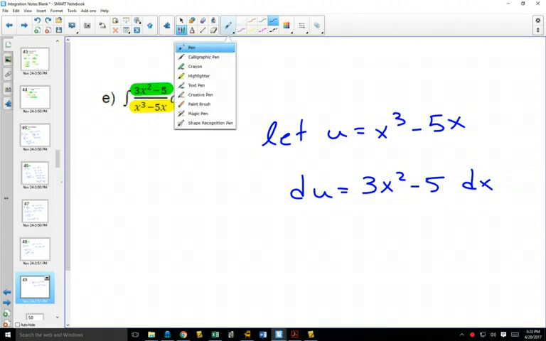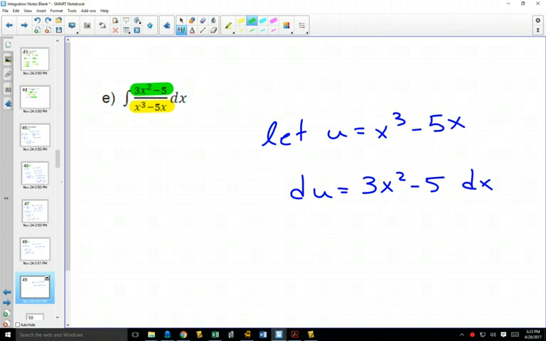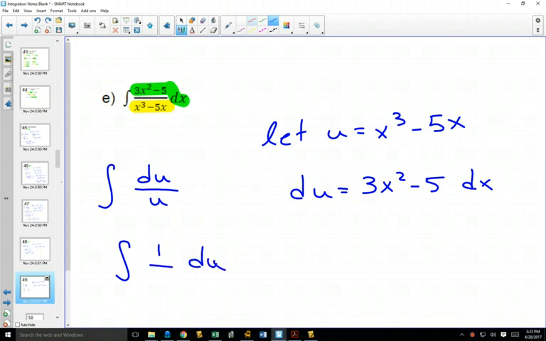Again, I'm going to include my dx with the green there and see what I get. Well, that means that the green part just gets replaced with du. The yellow part gets replaced with u. And I could write this, because usually we have the du at the end all by itself, so this would just be 1 over u.